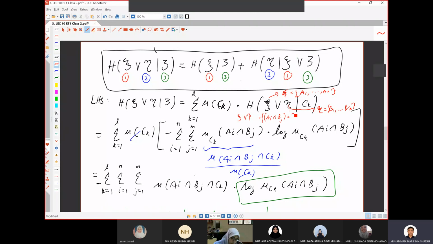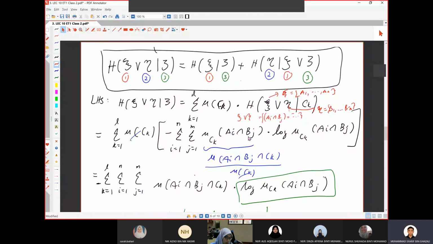Okay. Now we just use the usual formula of entropy, since this is with respect to the element CK, so we use the second formula. There are two sums because of Ai and Bj. We have to find A1 intersect B1, A1 intersect B2, A1 intersect B3 and so on.